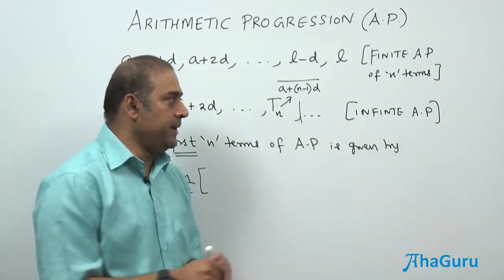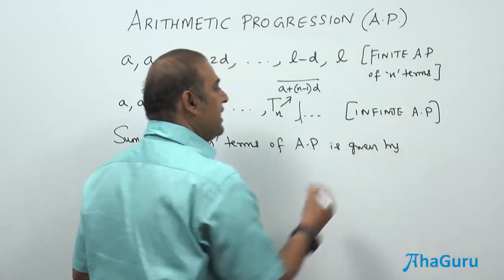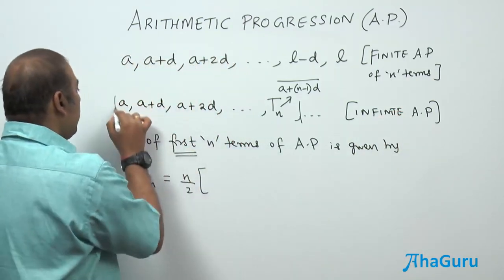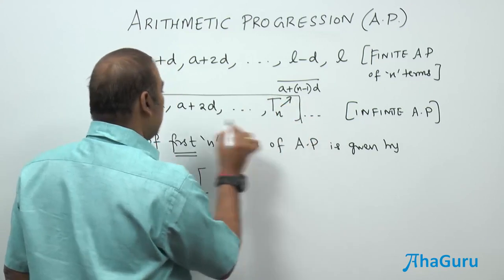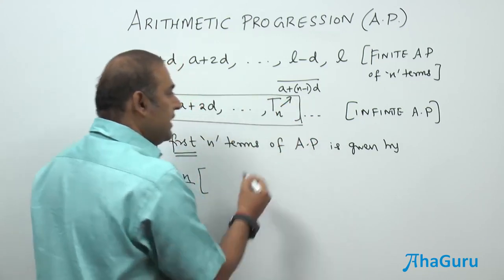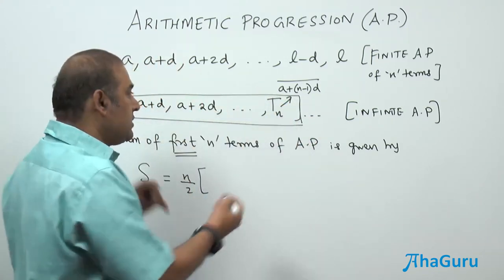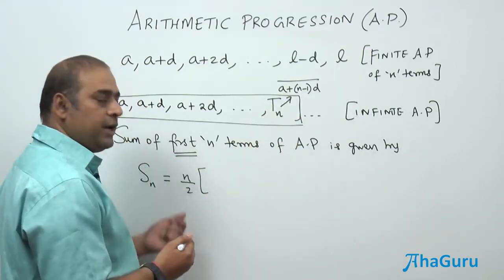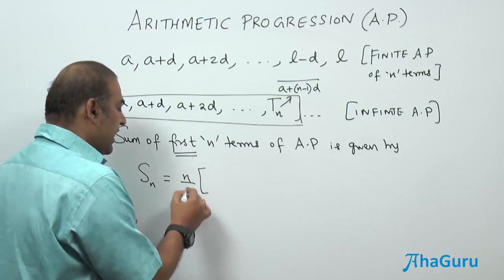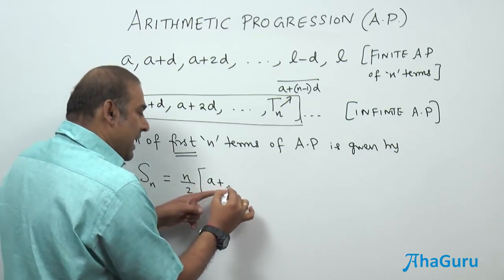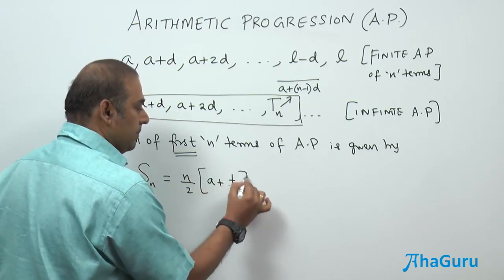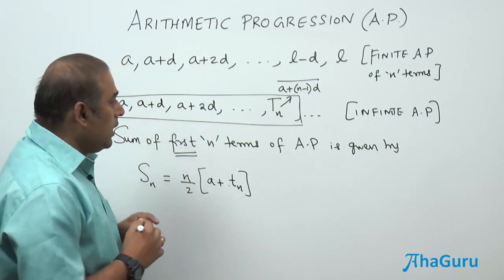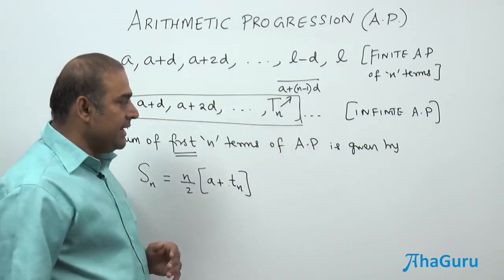This may be an infinite AP, but if you find the sum of the first n terms of an infinite AP, then this is a finite AP, because it is a part of an infinite AP. Therefore, we can use the same formula, n by 2 into A plus L, but L is the nth term, because the last term is going to be the nth term here.